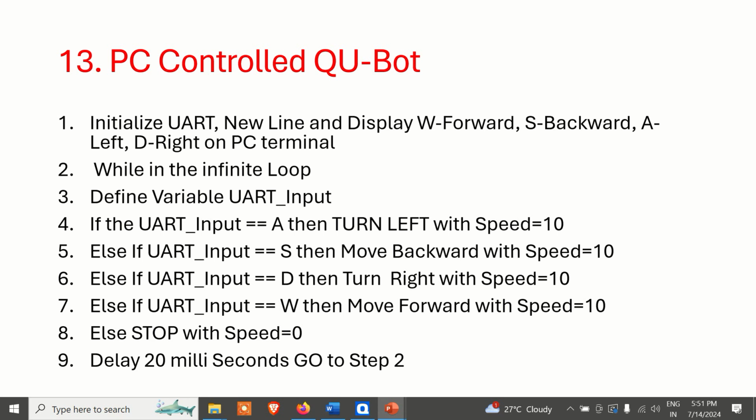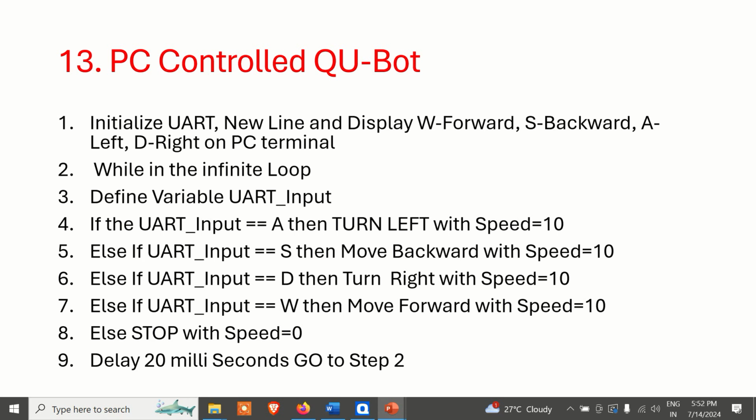So instead of motors, you can also use some other components like LEDs, buzzer, LCD, so that if you press any specific key, the corresponding action should take place either on LED or an LCD or on the buzzer. So that way also you can say that through computer you are controlling.